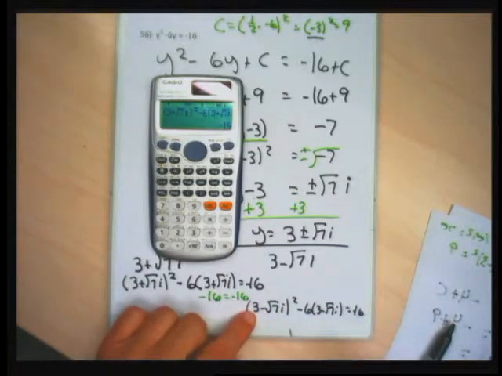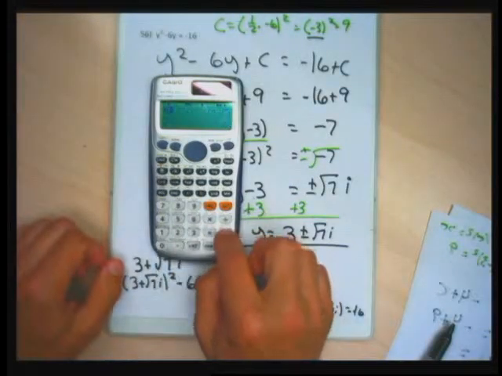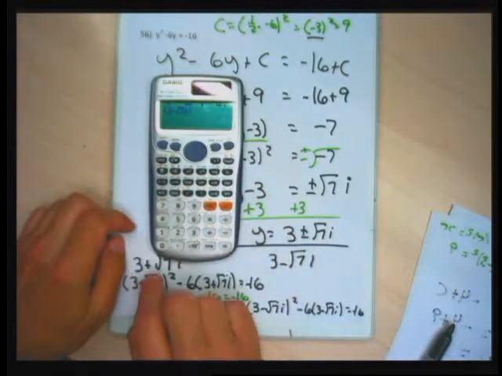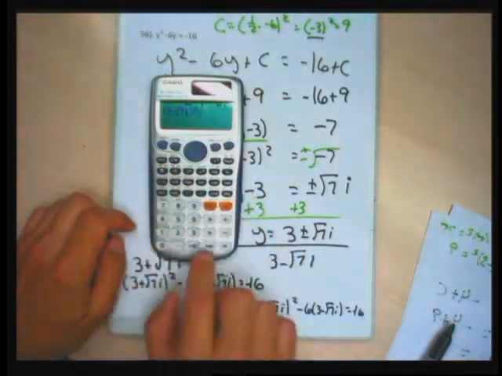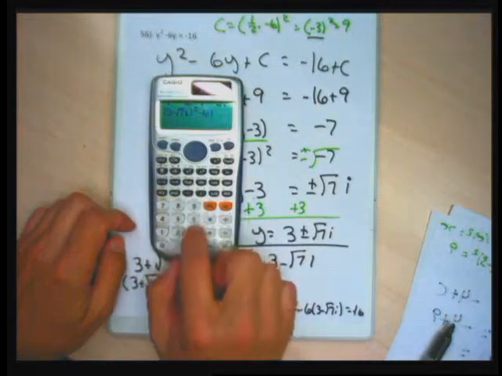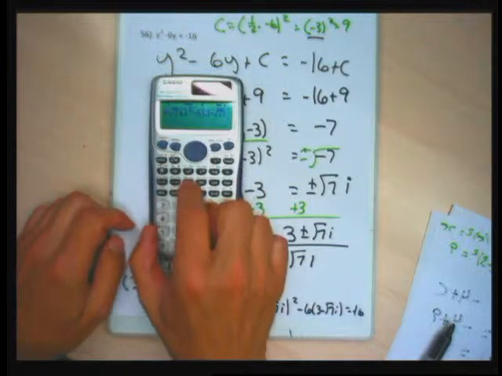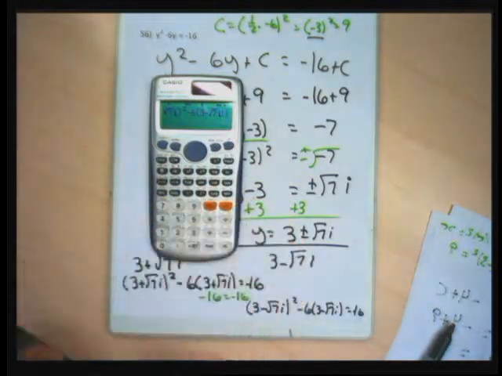I'll check the second one now. 3 minus the square root of 7, i outside the radical, squared, minus 6 times 3 minus square root of 7, i, close out my parentheses. Hopefully I see another negative 16, which I do.